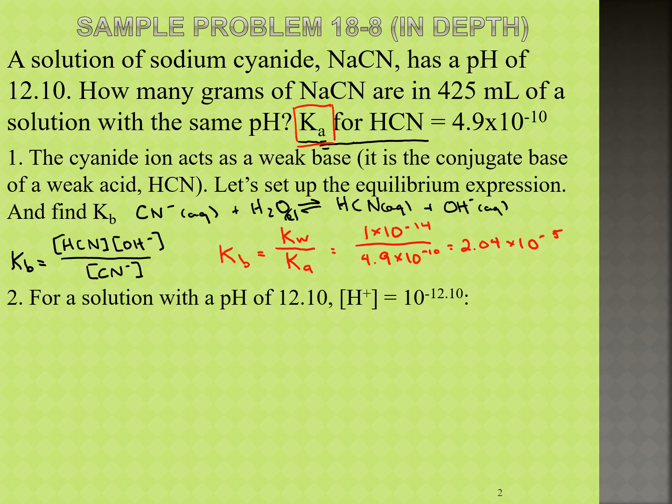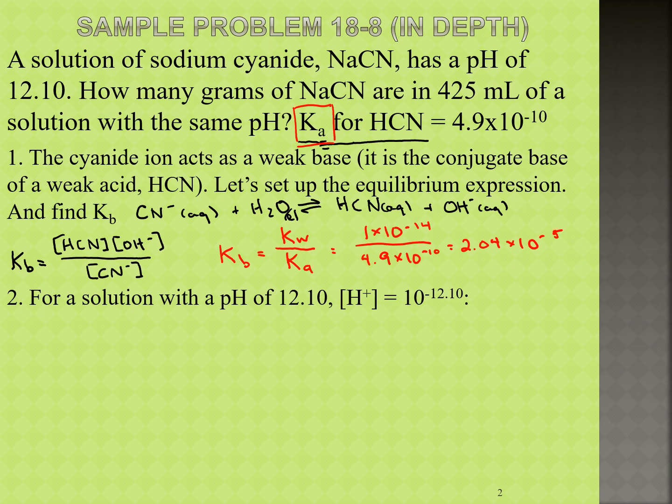All right. Next, it says that for a solution with a pH of 12.10, our H plus concentration is going to be 10 to the minus 12.10. However, let's notice that our Kb expression has OH in it, and so we really need to find out what our OH concentration is.